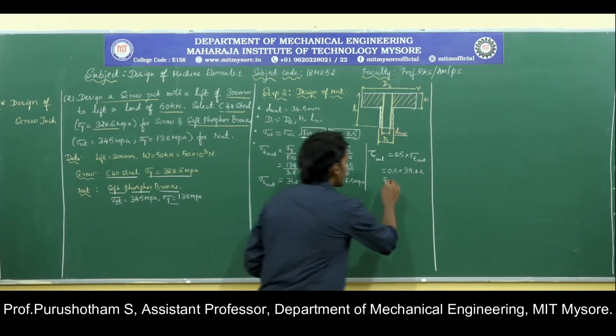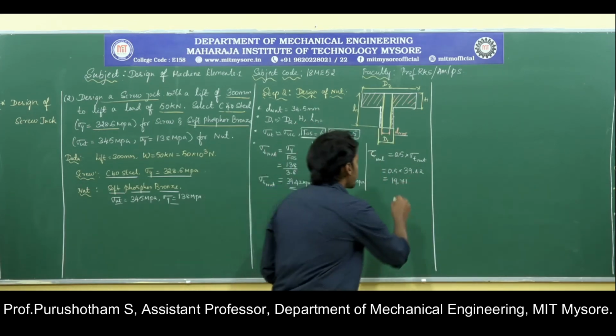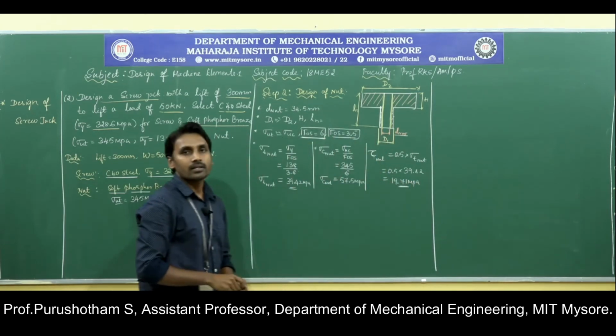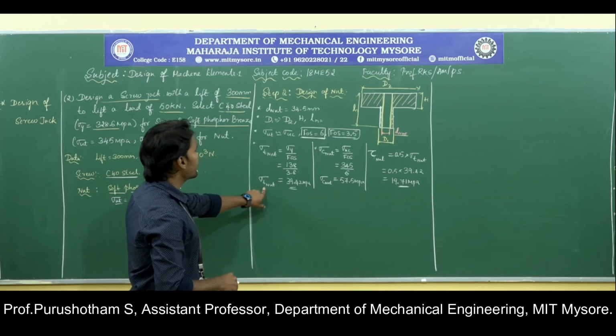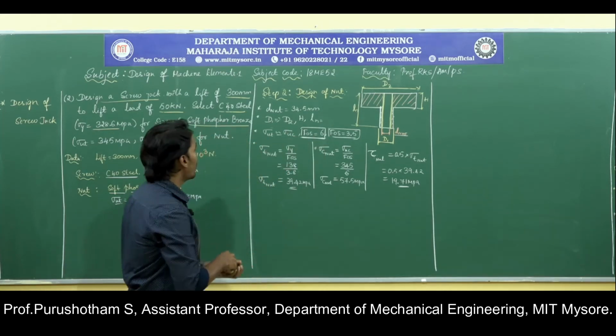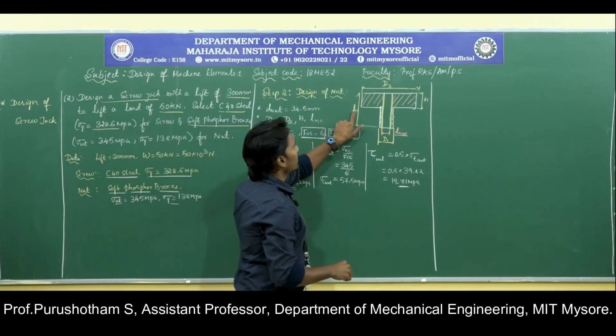If you simplify this, you will get 19.71 megapascal. So this is the data extracted from the ultimate stress and the yield stress. Now first I am going to calculate the length of the nut.